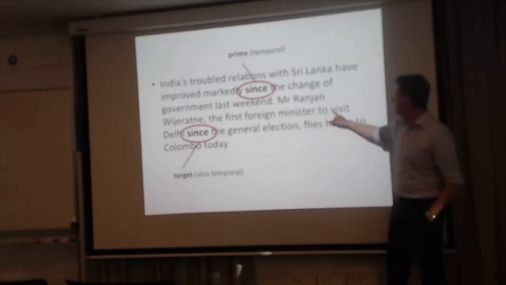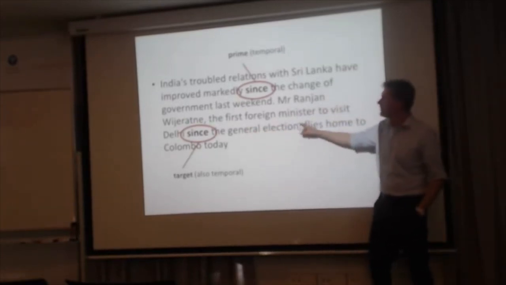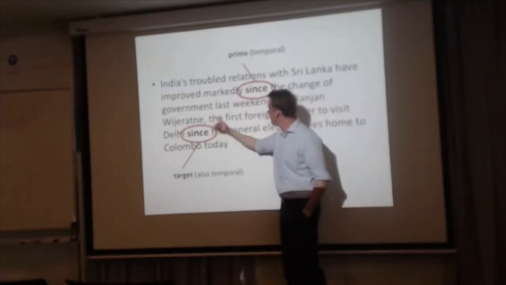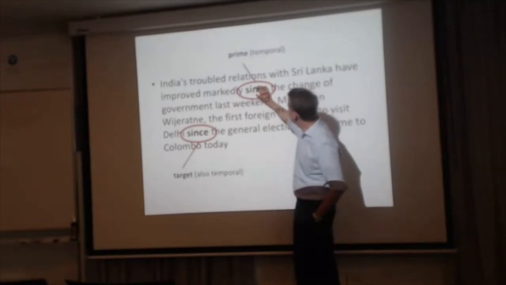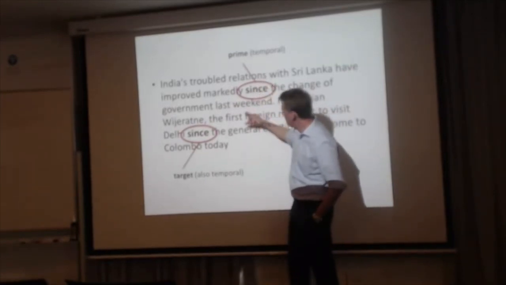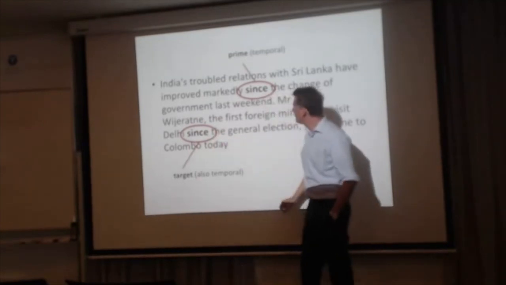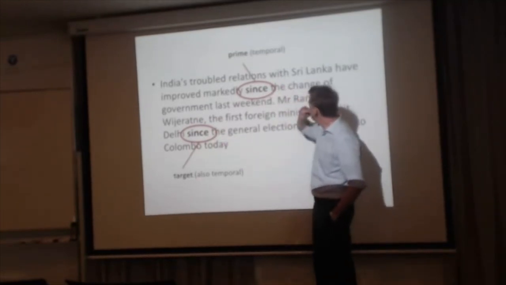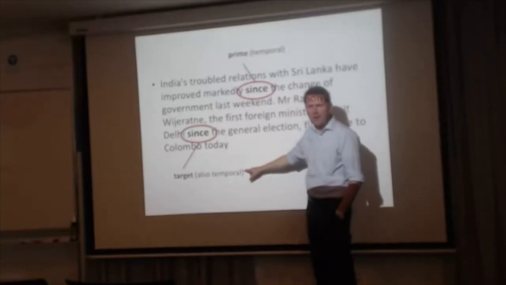Then this goes on: the first foreign minister to visit Delhi since the general election. So we have two instances of since in close proximity. We call the first instance the prime, and the second instance the target. And you notice that in this particular example, both the prime and the target have temporal meaning.